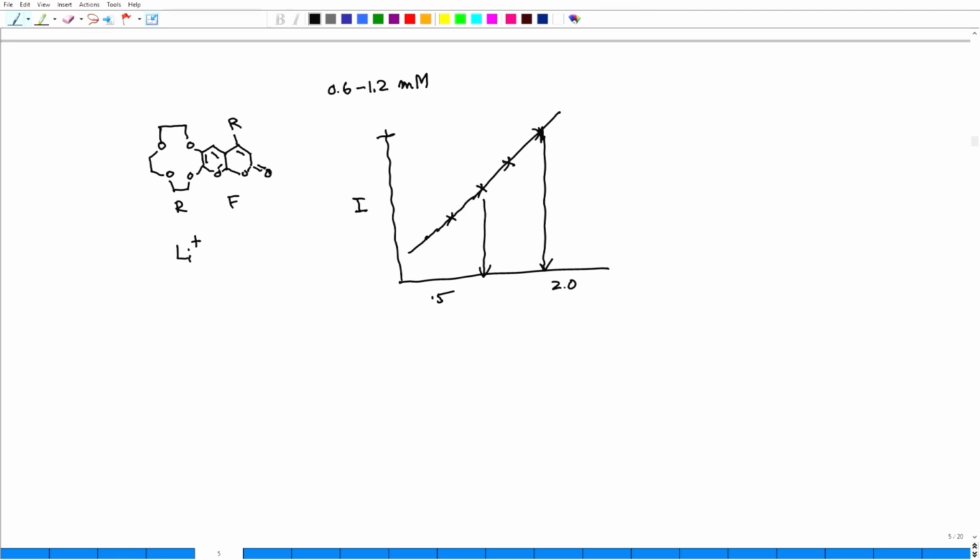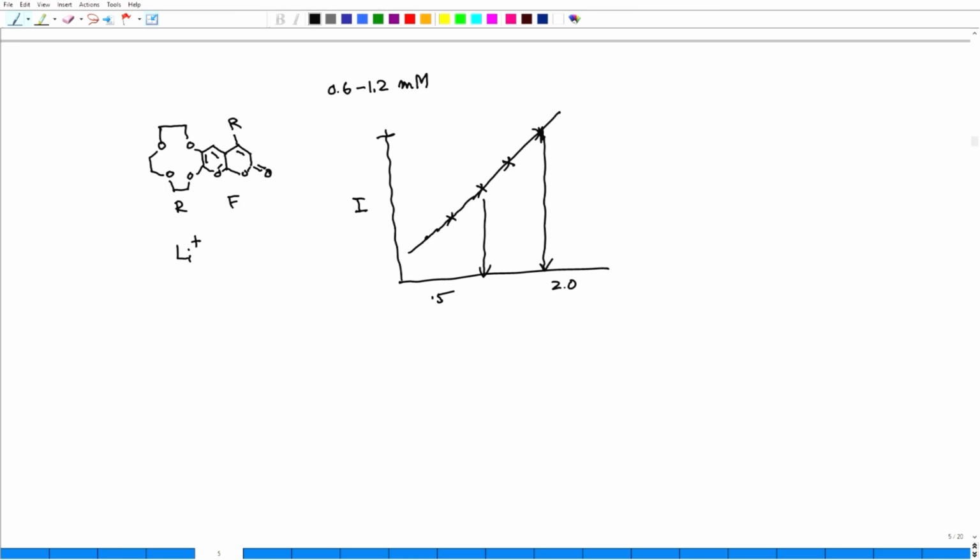Intensity of fluorescence emission will give us an idea about the concentration of the analyte. From intensity we can know that we are in the right range of 0.6 to 1.2 millimolar. These things are very, very important.